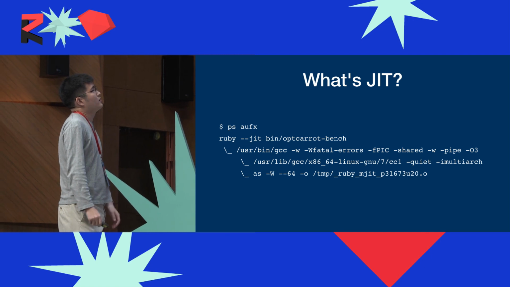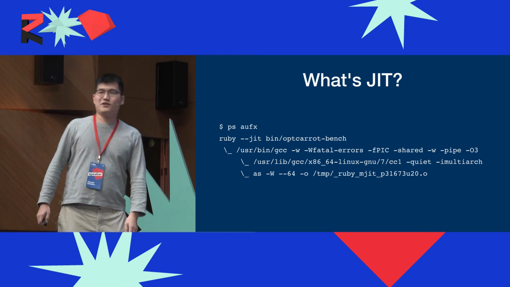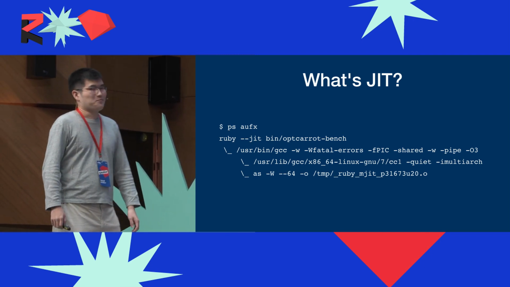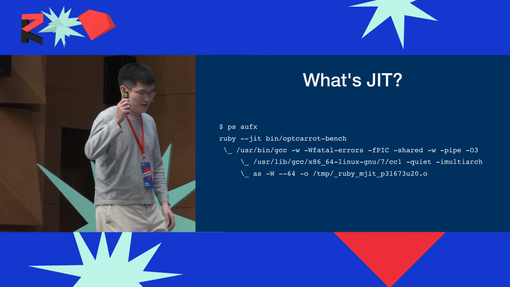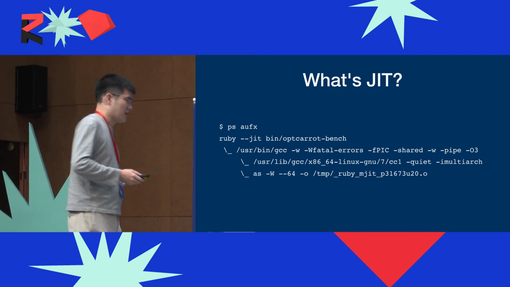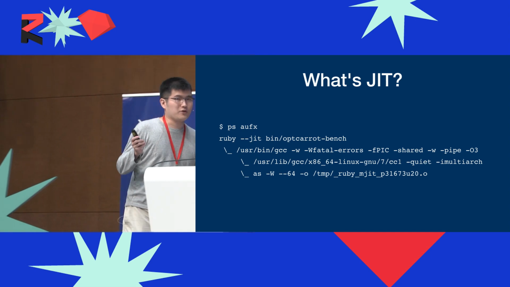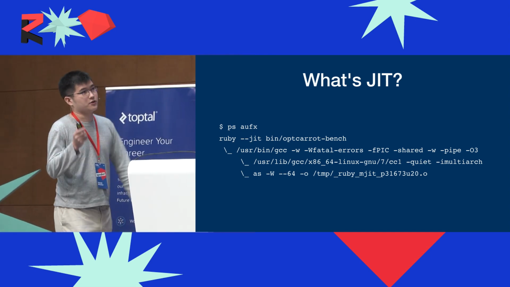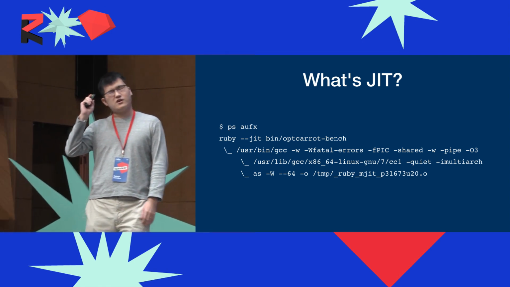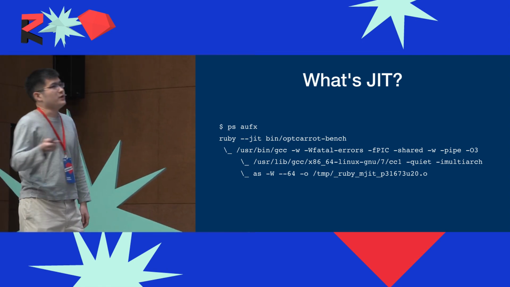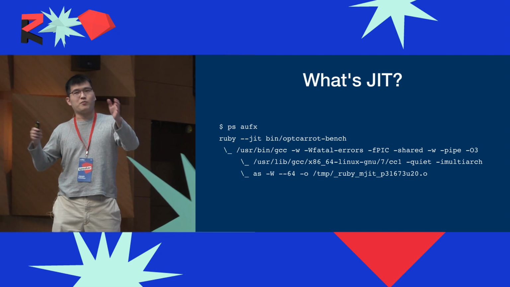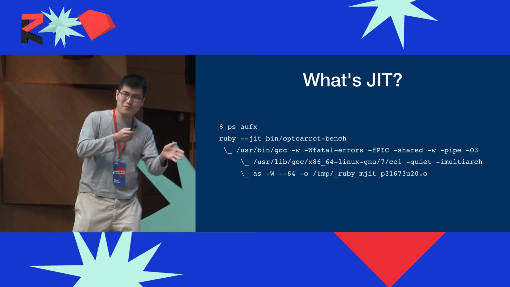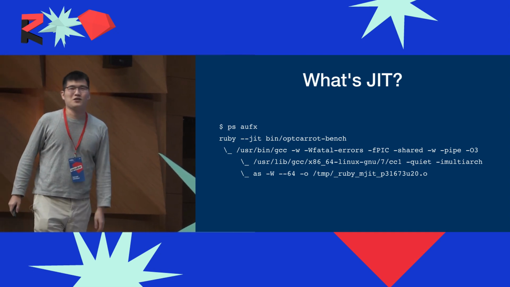The weird thing here is that, as I said before, this JIT compiler converts the Ruby code to C code first. So to load the C code into Ruby's interpreter, we need to execute the C compiler at runtime to generate the native code.